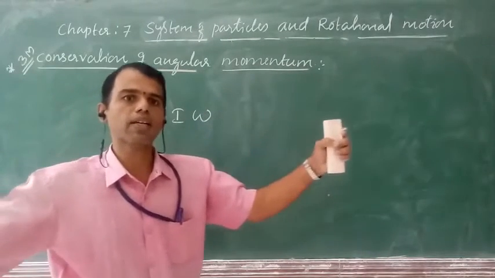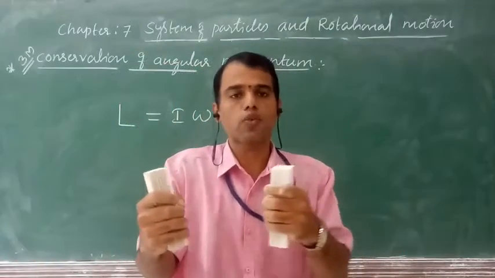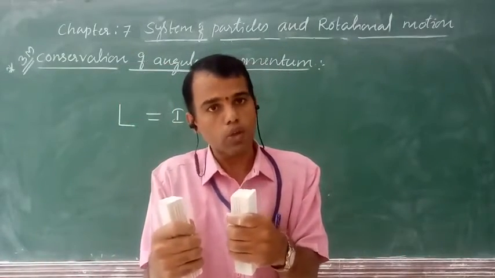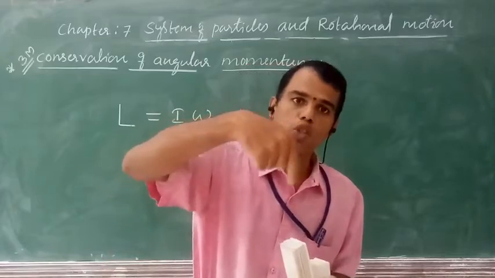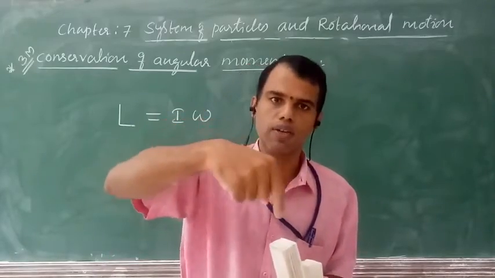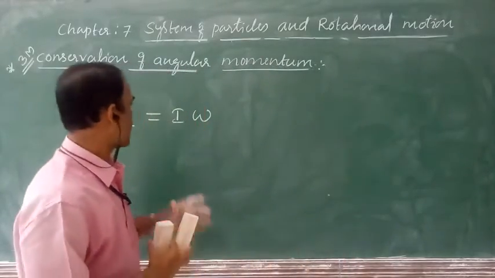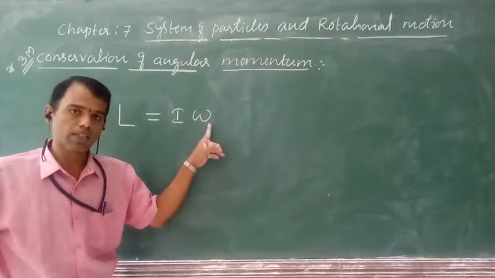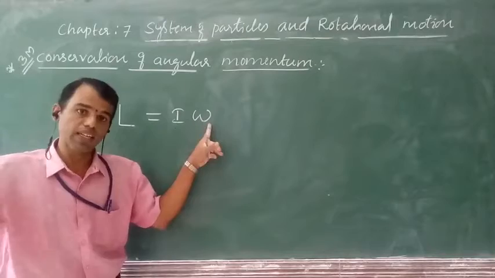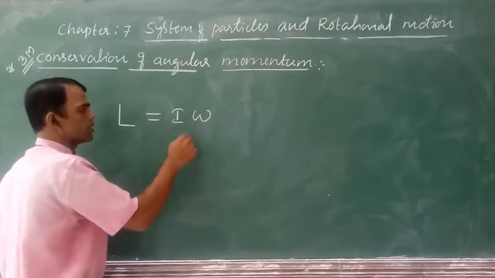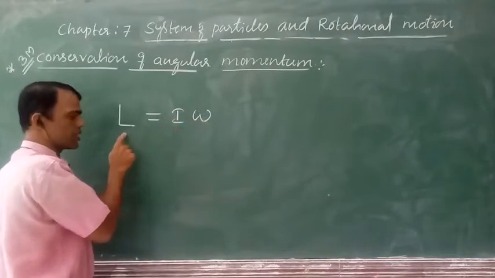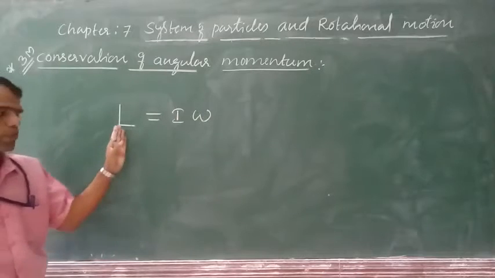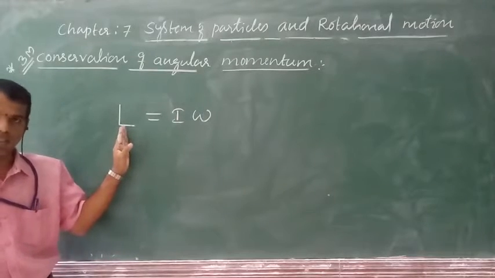When she brings both her hands very close to her body while rotating, she is able to spin with a very large angular velocity, because at that time the moment of inertia decreases and the angular velocity increases. Even in that case the product remains constant, thus the angular momentum remains constant.